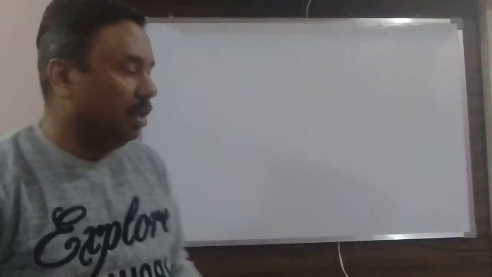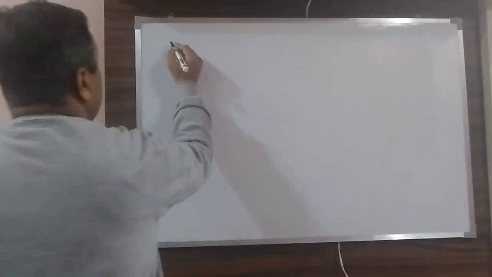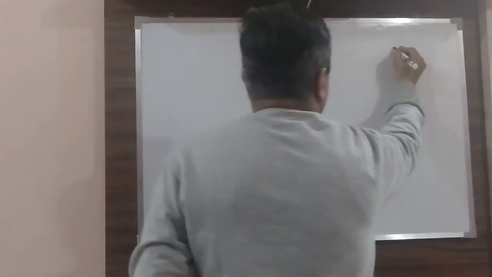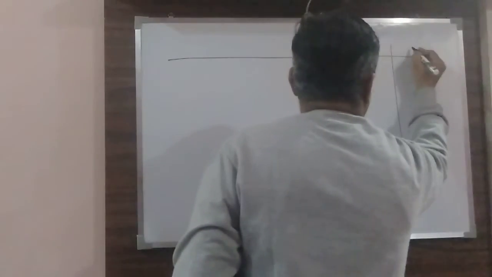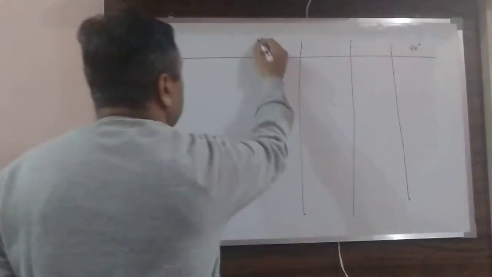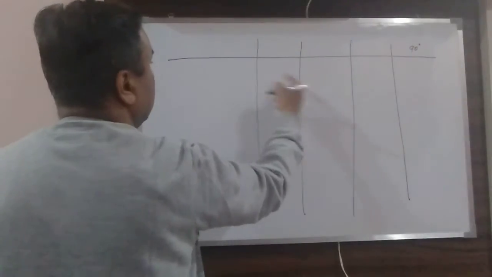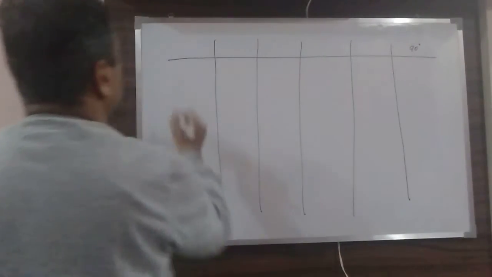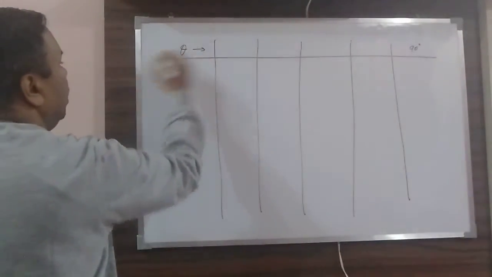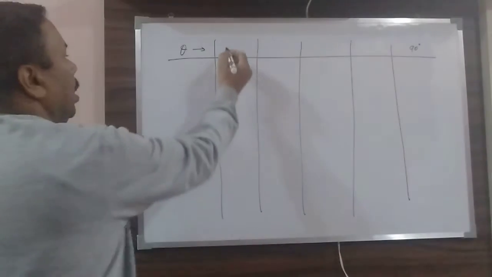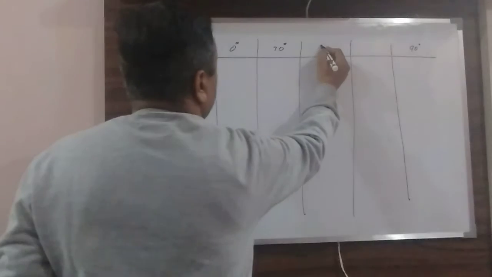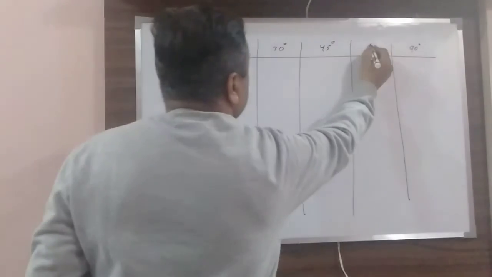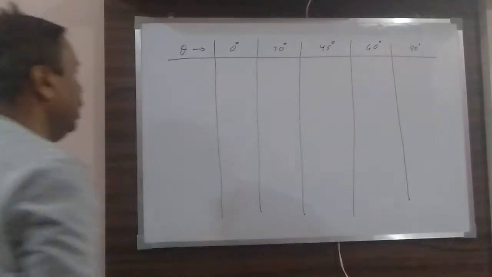How is it? See, I will take the table like this. The value of theta I will represent on this: 0 degree, 30 degree, 45 degree, 60 degree and 90 degree.